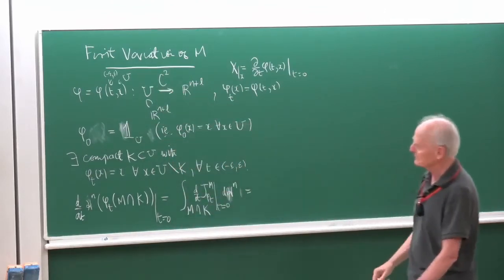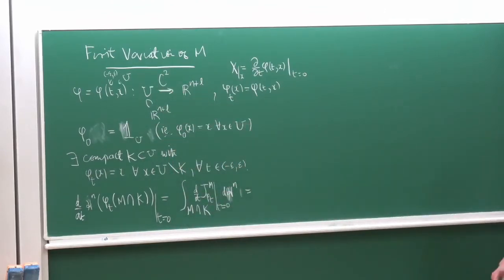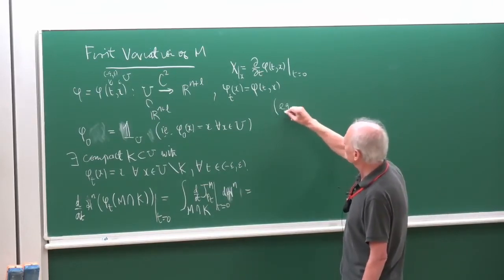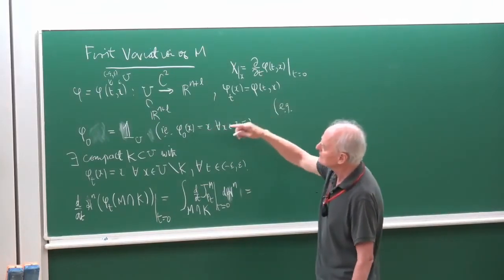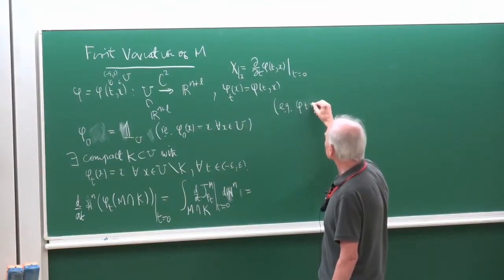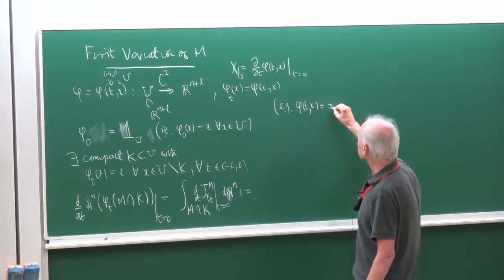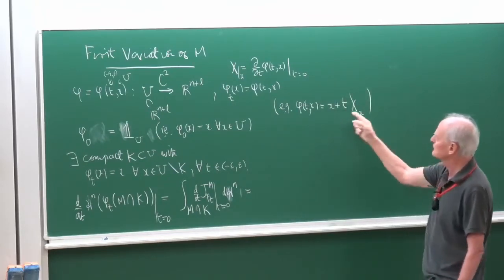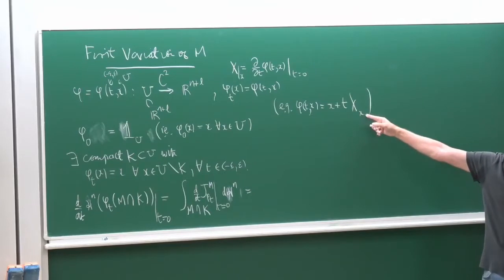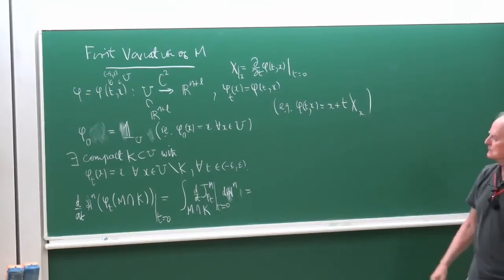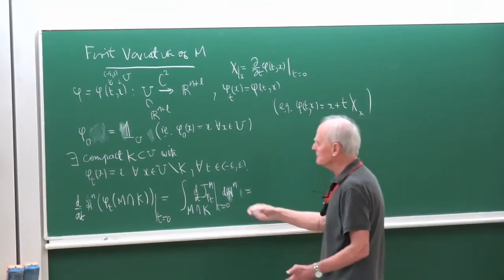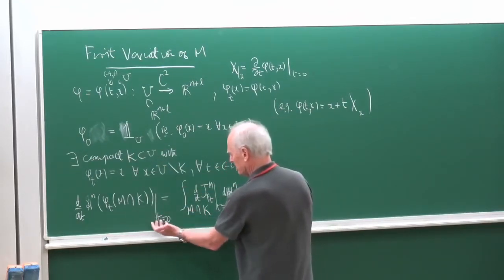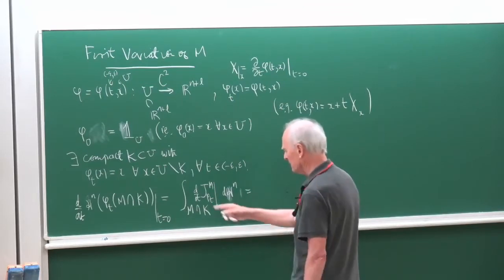One way to do this is simply to take phi_t(x) equals x plus t times the vector field X, for any given vector field X. But in general, whenever you've got a condition like this, the derivative at t equal to 0 is that.